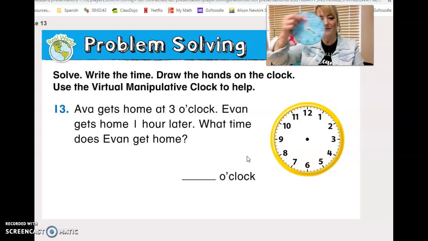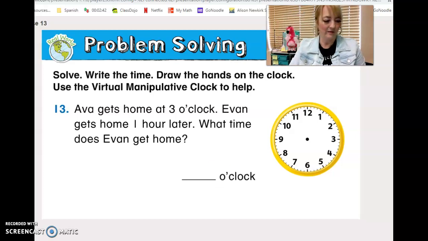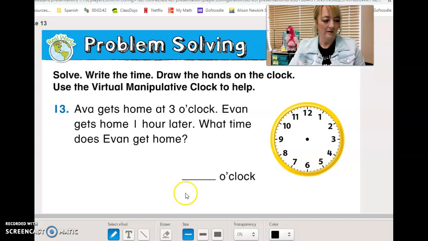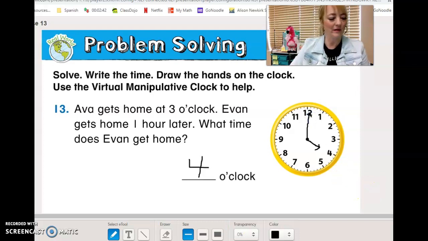So that's what time Evan would get home, at 4 o'clock. Now let's write it on the analog clock. This is tricky. A shorter hand for the hour hand, and then a longer hand to show the minute hand at the o'clock position, 4 o'clock.